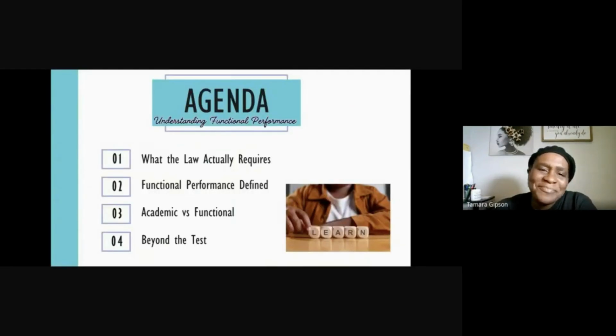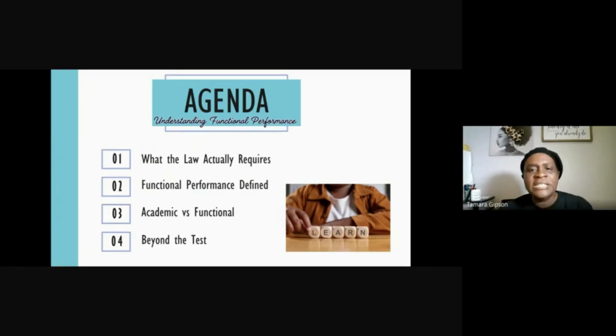So our agenda: what the law actually requires us to do and to know. We're going to define functional performance. I'm going to do a very general definition to help you get it, and then I'm going to show a very defined one. Academic versus functional, and do a comparison.